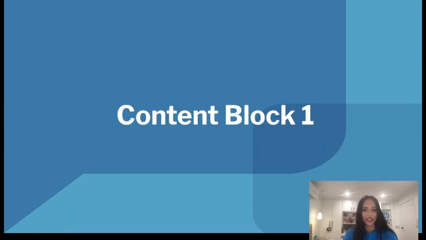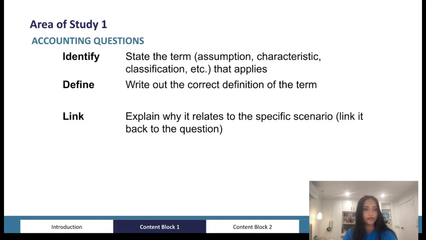Okay, so we'll get started with the content for today. When it comes to how we should approach theory questions and how we should be writing our theory responses in our SACs and in our exam, there are three goals that we need to be hitting.